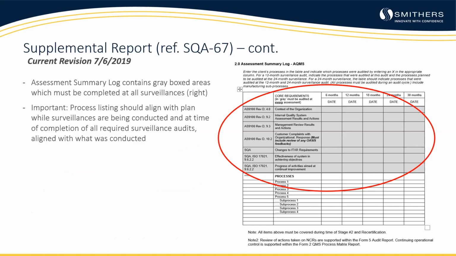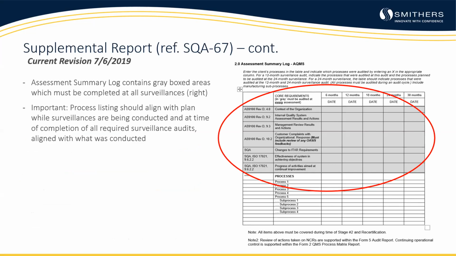So finishing up on the supplemental report, there is an assessment summary log. Very important section. This is actually a requirement of ISO 17021-1 in that we're clearly outlining the plan and the achievement to plan for appropriate coverage of certain requirements. Now, some of these are outlined in AS9100.